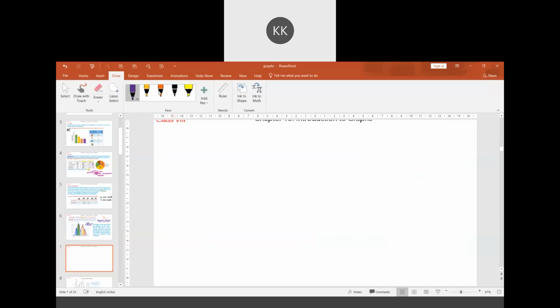Suppose I have different data here, say 2, 3, 5, 10, 30, 35, 40, 45, 50. Some numbers I have taken. If I want to make this into grouped data, there are two ways.